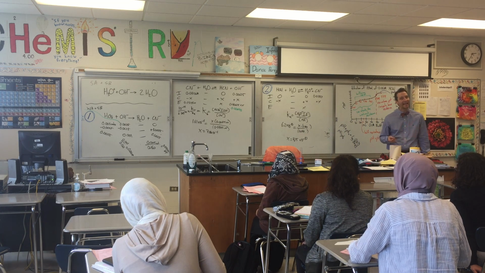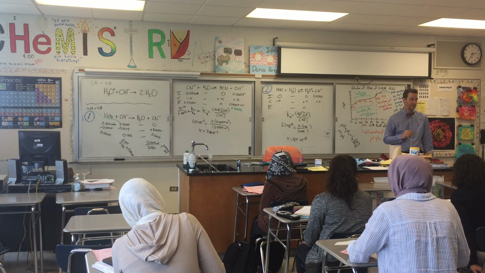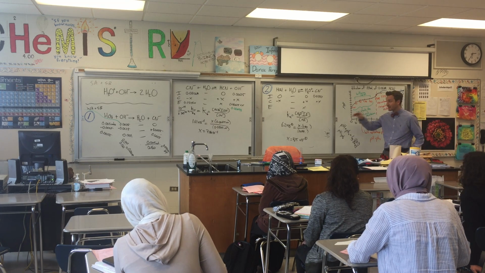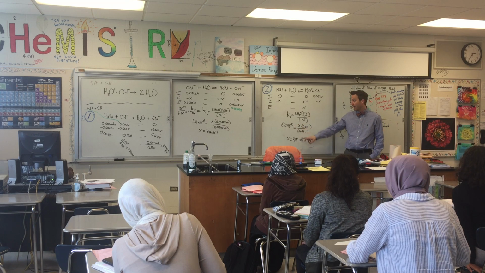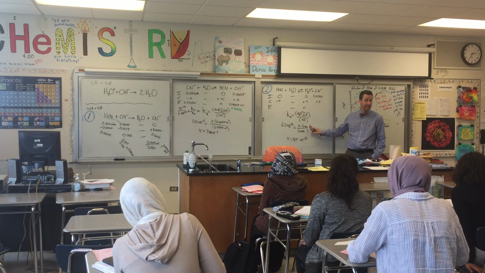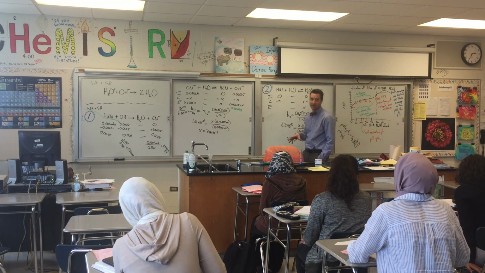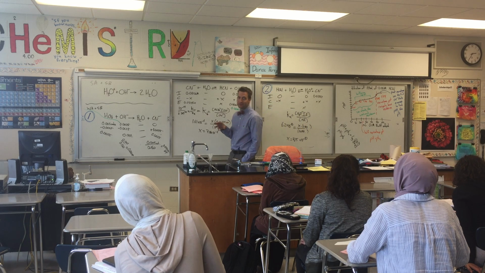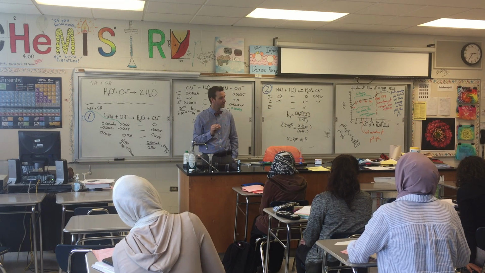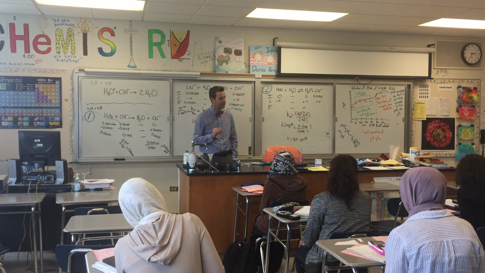The only time you can't is when the Ka starts to get reasonably large. Like if our Ka was 10 to the minus third, our x is not going to be negligible compared to these amounts. And we're not going to get the right answer. Okay? So I would caution you in using this equation too much because it really is just an approximation.